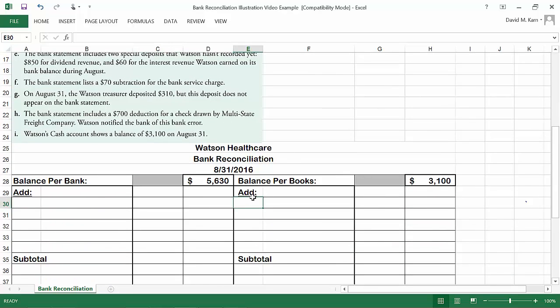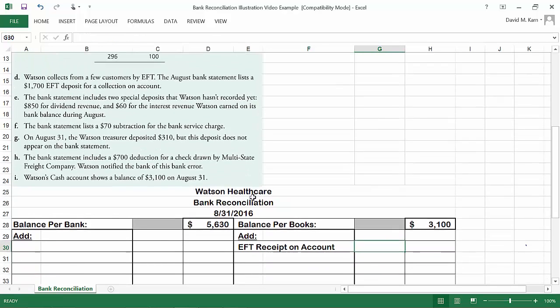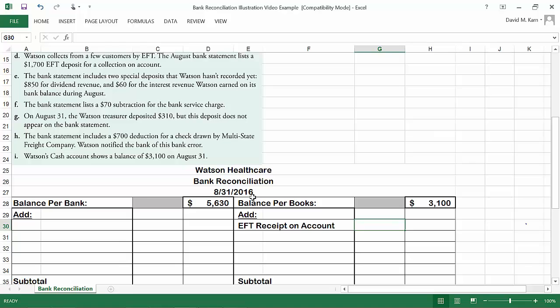So we have to add that to our book side. EFT receipt on account, and we would add that in the amount of $1,700.